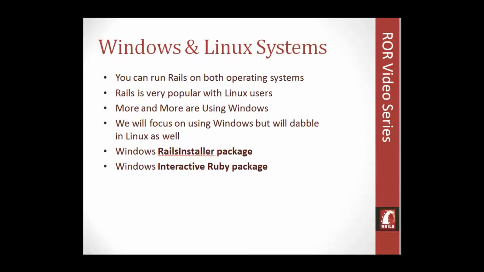Windows and Linux. A lot of Rails developers will not work on Windows, just because Ruby and Ruby on Rails initially ran on Linux, and it used to be a lot easier to run Rails on Linux than Windows. But a lot of developers are now using Rails on Windows due to new kits that are available.